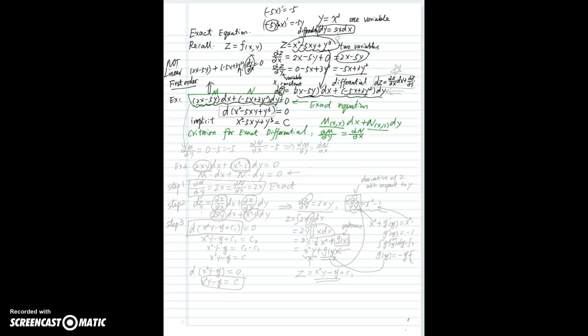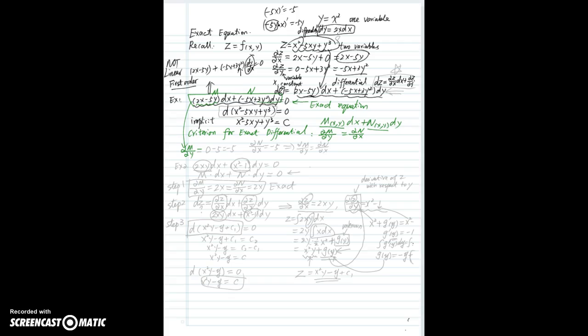So for example, we can verify example 1 is an exact equation by this criteria. I'm going to work out partial m over partial y. Remember, we take the derivative with respect to y. That means y is a variable, but x is constant.